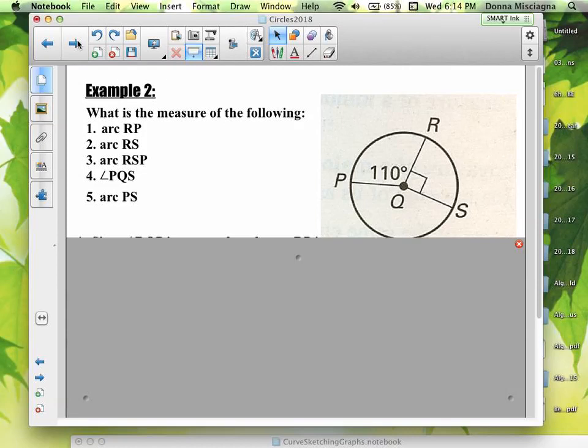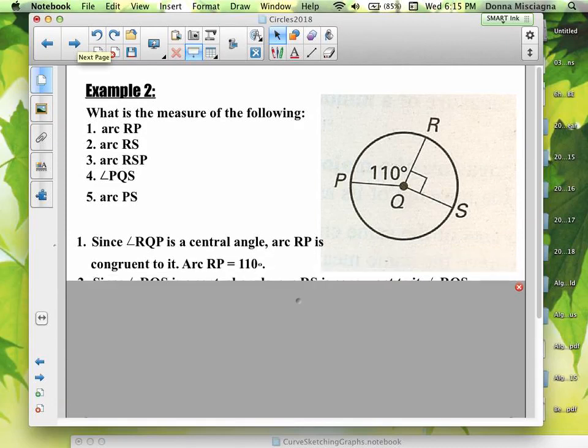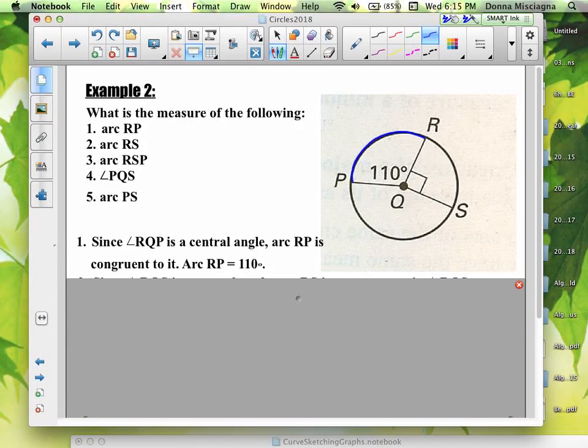This one's not in your notes. We want to find the measure of the following. Arc RP. Well, that's pretty easy, and it's a central angle. So since our angle RQP is a central angle, arc RP is going to be congruent to it. So arc RP is going to be 110 degrees as well, because the arc equals the angle.